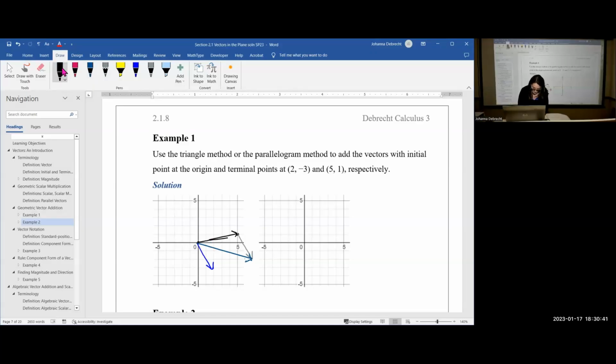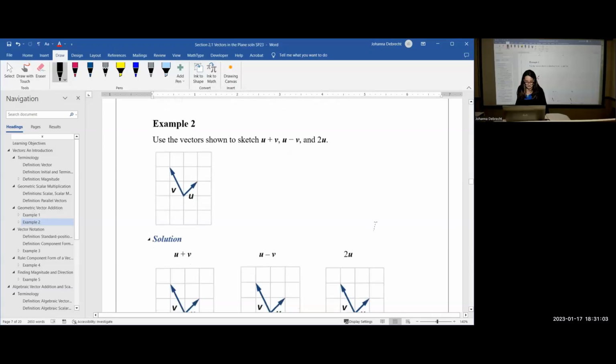And let me put that one in black as well. And then I would have had, as you can see here, a parallelogram, and the diagonal from the initial point of both out here to the opposite corner, that diagonal becomes the sum of those two vectors.